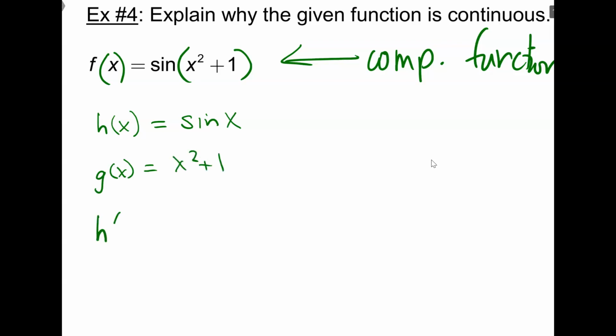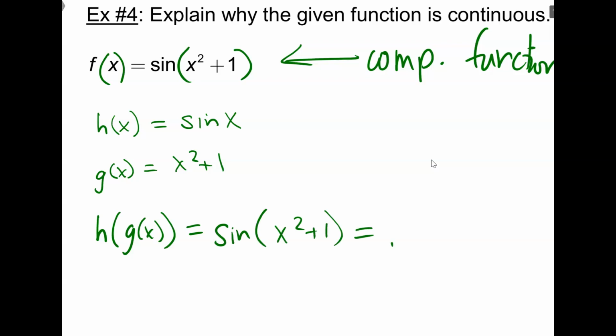So it's like I took h of g of x, sine of x squared plus 1, which equals my f of x. Sorry, I'll let you write this down. Give me a second.